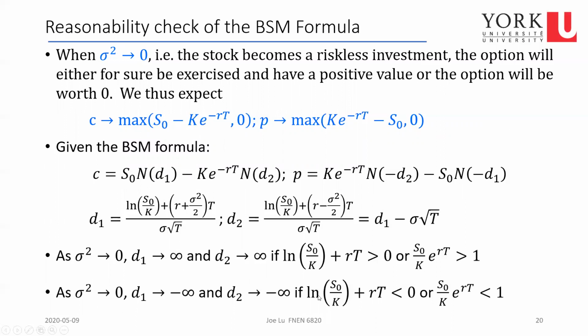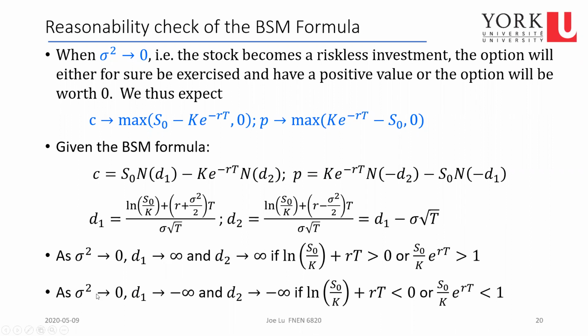Or if log of S naught divided by K plus RT is less than 0, which means this thing is less than 1, meaning S naught times e to the power RT is less than K, then S naught times e to the power RT less than K means that K times e to the power minus RT is greater than S naught.